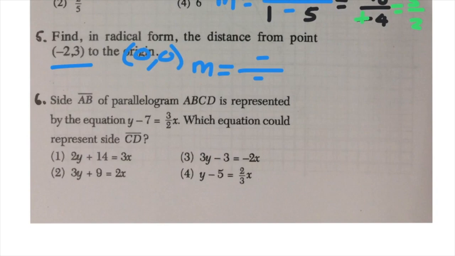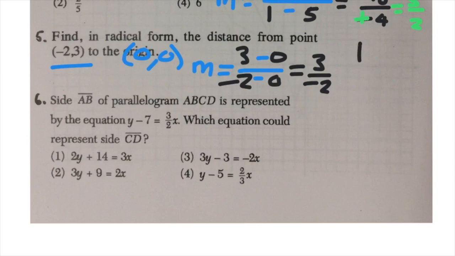So the slope would be y minus y over x minus x. So 3 minus 0 are the y's. And the x's are negative 2 and 0. So my slope is 3 over, well, negative 2 minus 0 is negative 2. So the slope is negative 3 over 2.